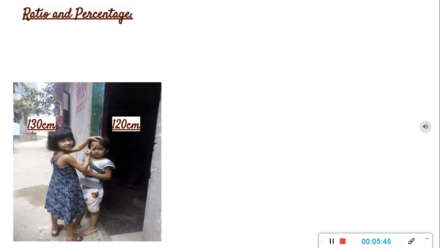Let's say that the height of A is 130 centimeter and the height of B is 120 centimeter. So what is the ratio of height of A and B? The ratio of the height would be 130 centimeter divided by 120 centimeter, which is equal to 13 upon 12, which is equal to 13 is to 12.